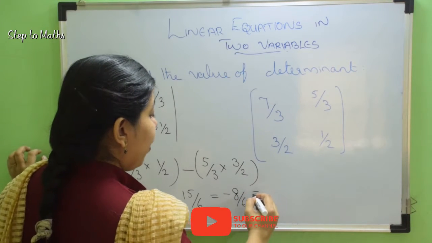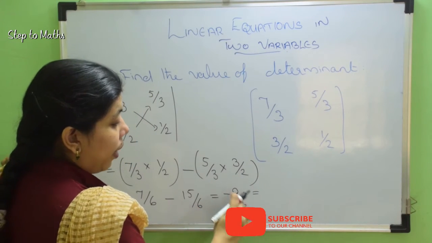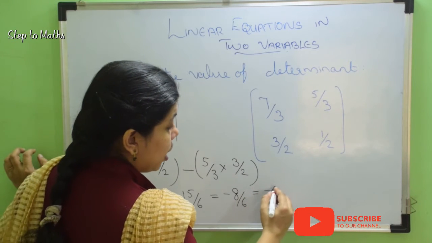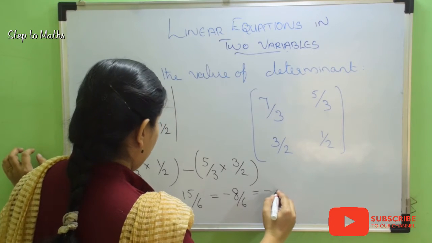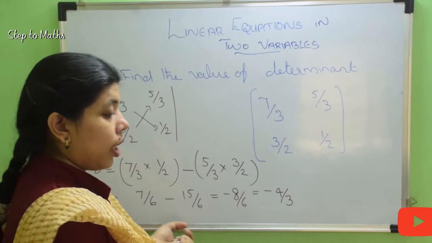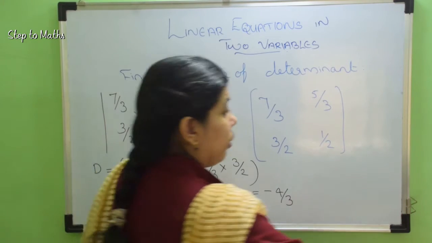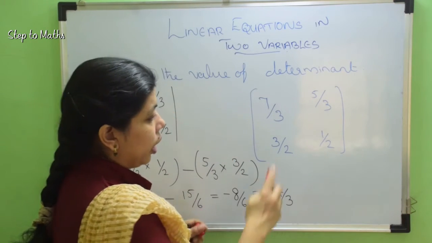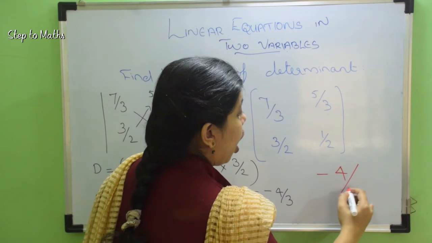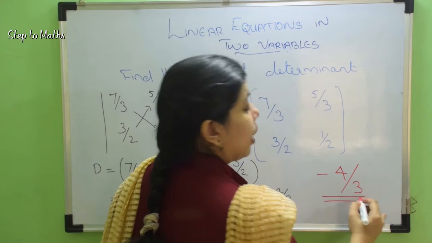We can simplify it, that is divide the denominator and numerator by 2. It becomes minus 4 upon 3. So the value of the given determinant is minus 4 upon 3.